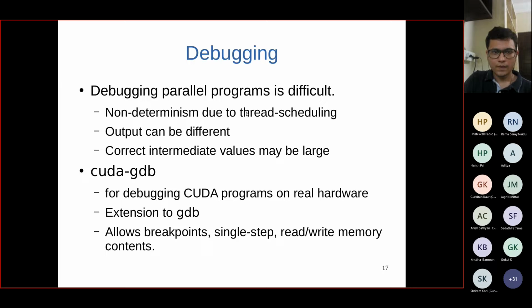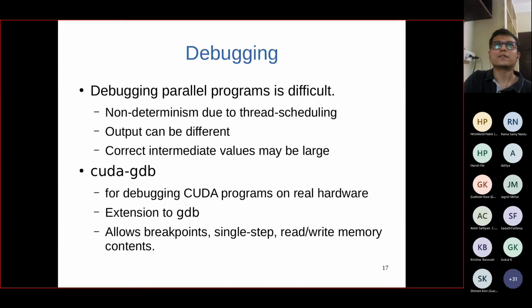And yeah, so in general, debugging of parallel programs is difficult, and we'll see how to debug them using cuda-gdb. And one more point is that there can be multiple intermediate values also, and this number can be really very large.